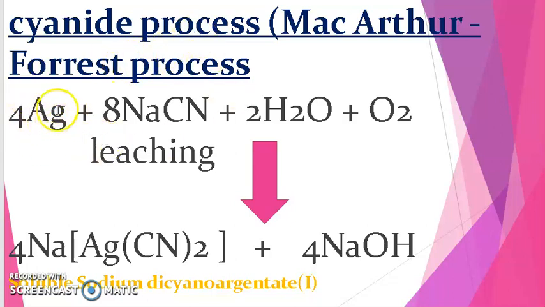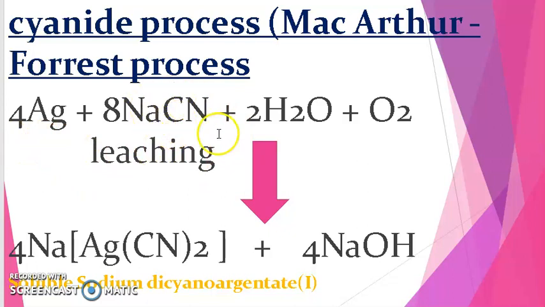I have taken silver here because in that question we are going to recover the silver. So 4 moles of Ag plus 8 moles of NaCN. Because of the CN minus ion, I have taken 8 moles of NaCN here, so that CN can coordinate with the silver.